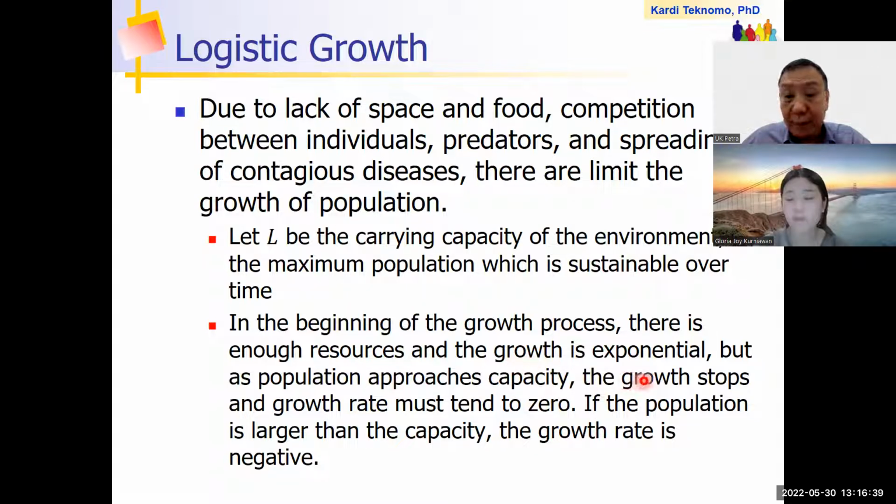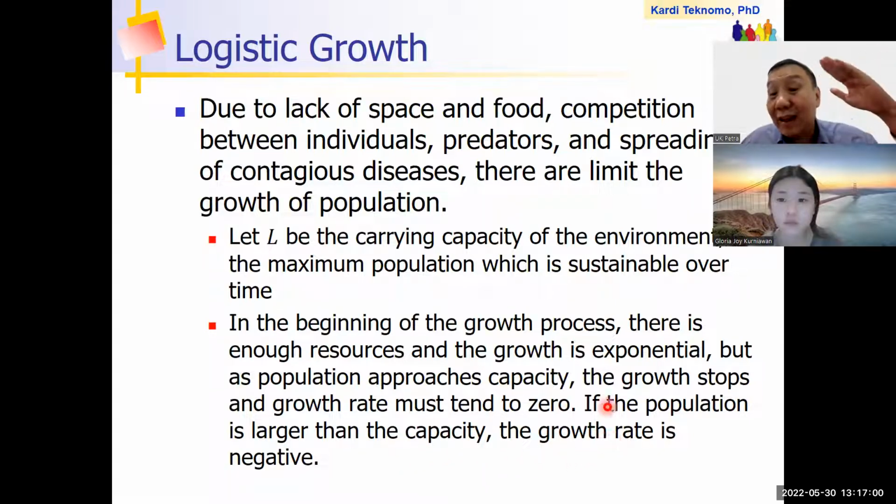The growth stops. The population does not stop; the population levels off. It's the rate that tends to 0. Now if the population is larger than the capacity, the growth rate is negative. It doesn't mean that the population is negative. The population levels off.